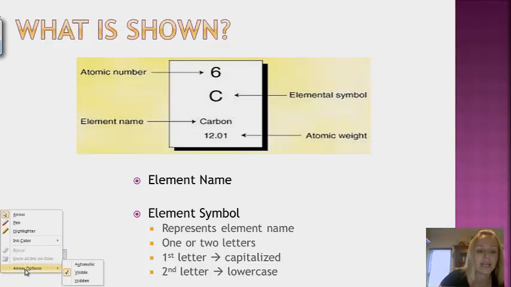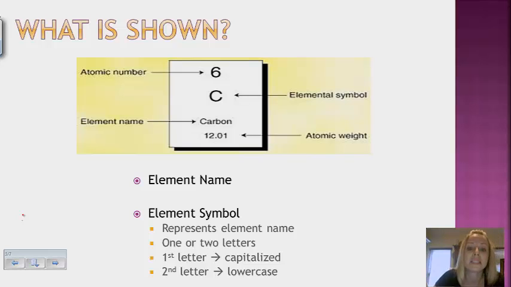So when you are writing symbols, for instance, let's say we have calcium. And if you look on your periodic table, the symbol for calcium is Ca.